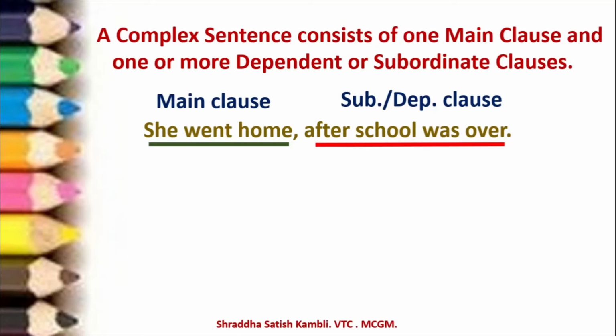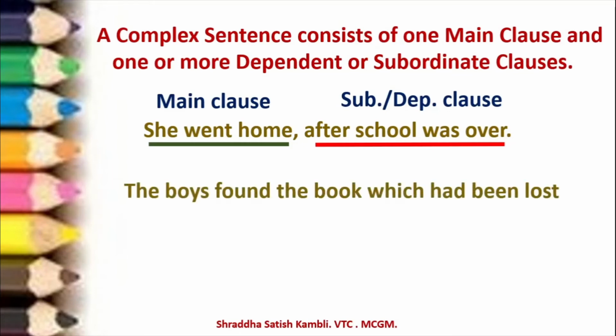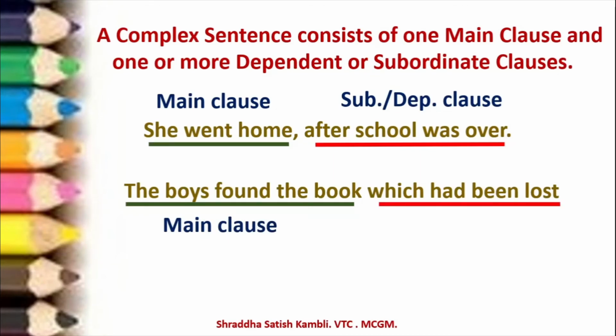Let us look at one more example. The boys found the book which had been lost. So what is the main clause? What do you think the main clause will be according to you? Yes, it is the boys found the book. It is the main clause. Which had been lost is the subordinate or the dependent clause. Alright, children.